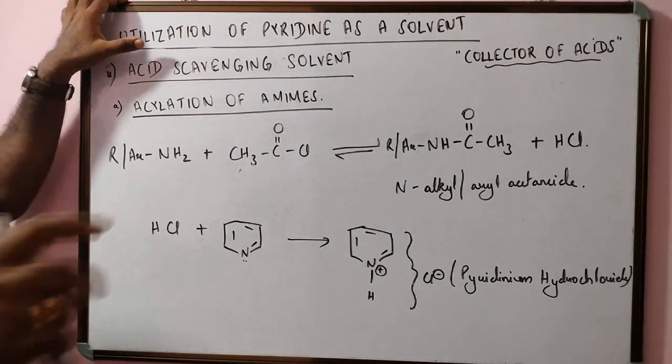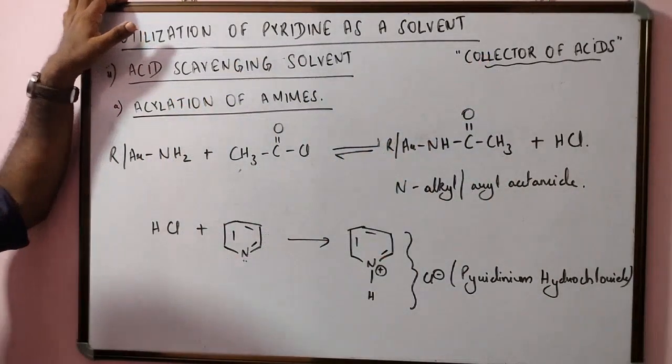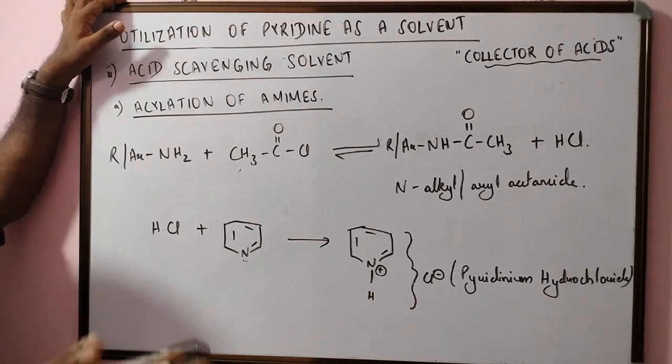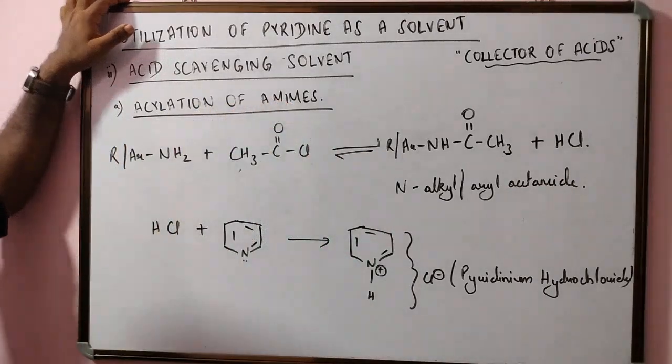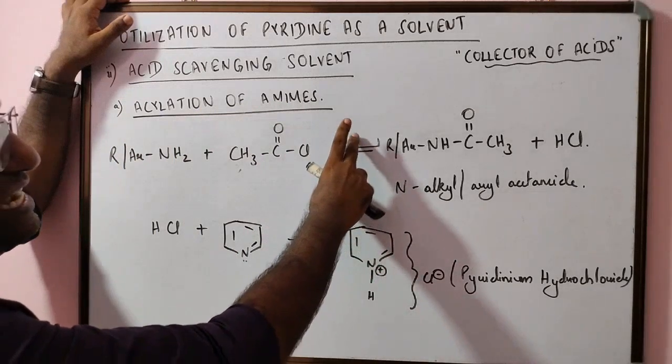The term acid scavenger means collector of acids. An example in which the pyridine ring is used as an acid scavenger is the acylation of amine. Acylation of amine is a reversible reaction.